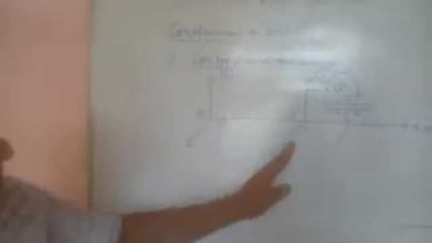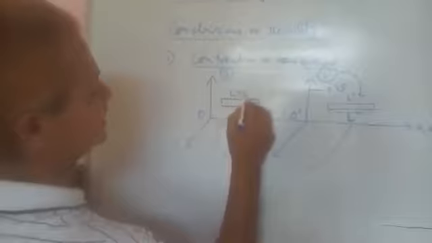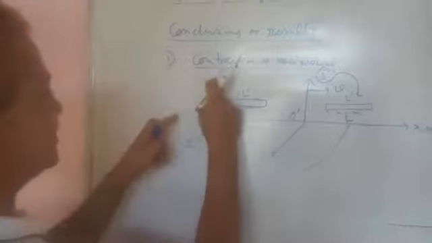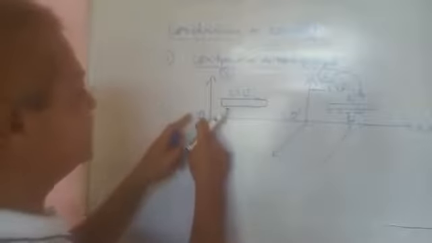So the observer O will see that the length has decreased. Suppose you keep the same length here, L equal to L dash, which is stationary with respect to frame S. Now O will see that the length has been contracted.